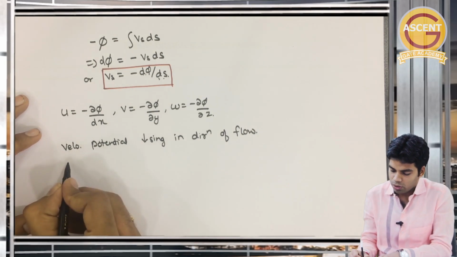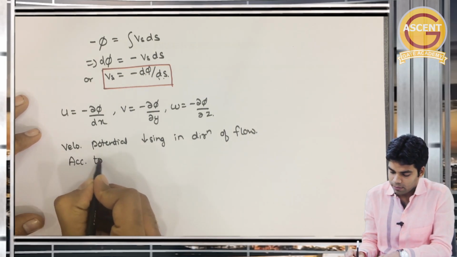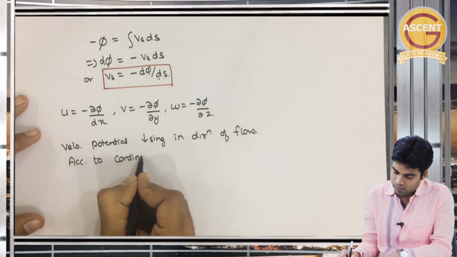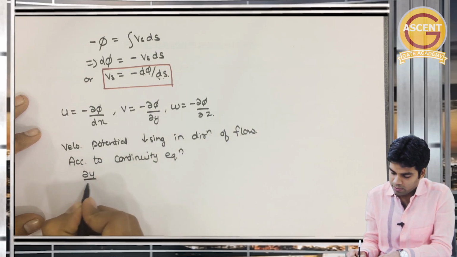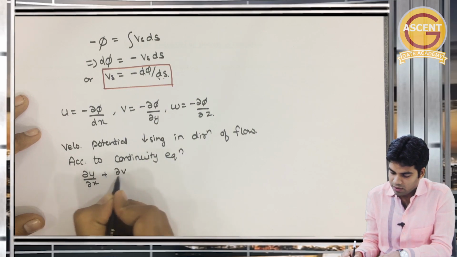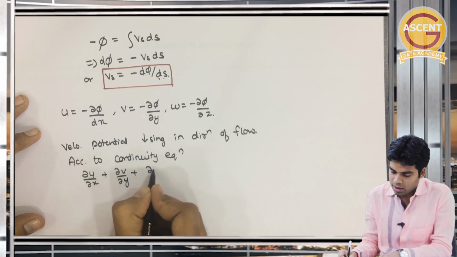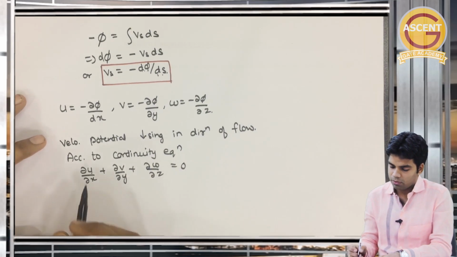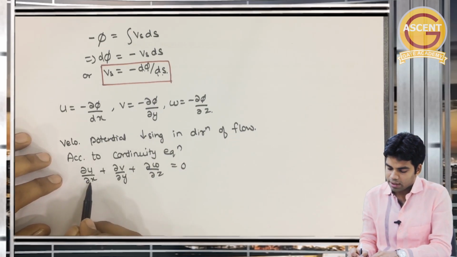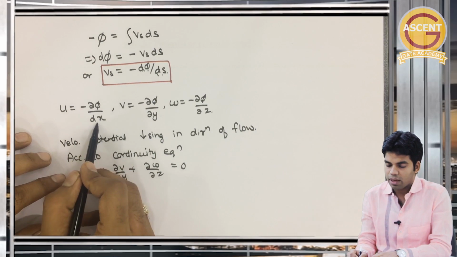Okay, now we know according to the continuity equation del u by del x plus del v by del y plus del w by del z is equal to 0. Okay, now further what can we write? del u by del x, and u is equal to minus of del phi by del x.